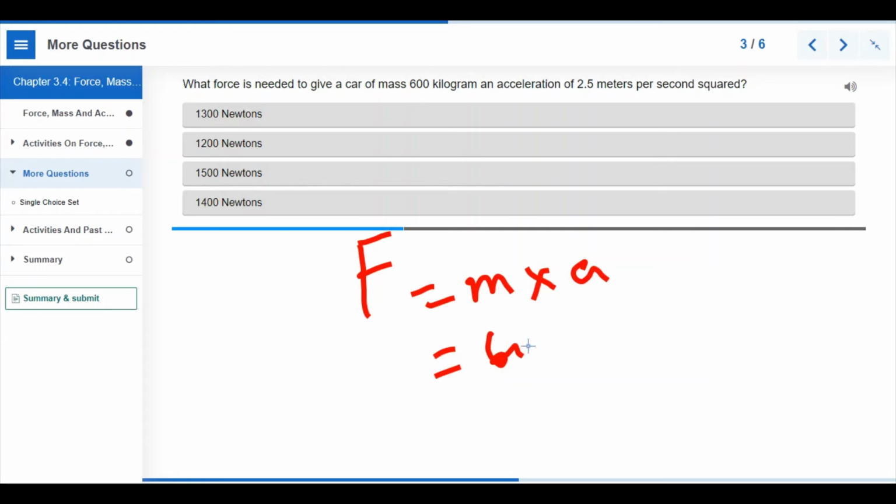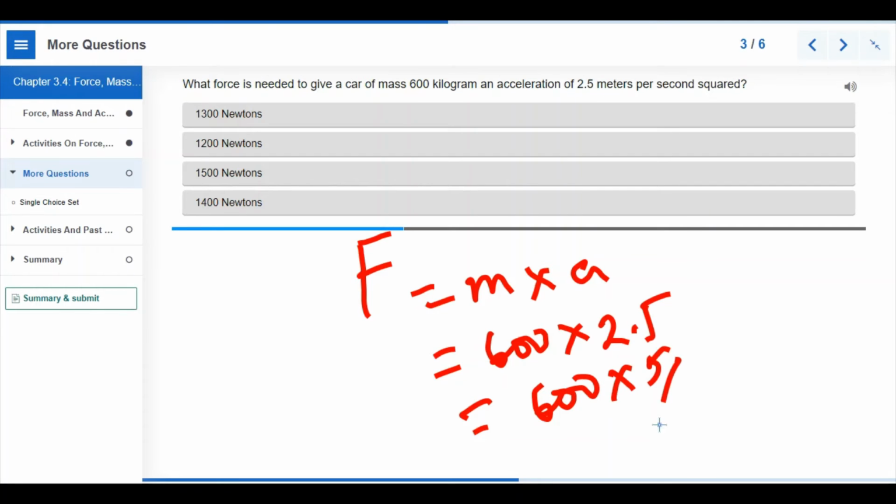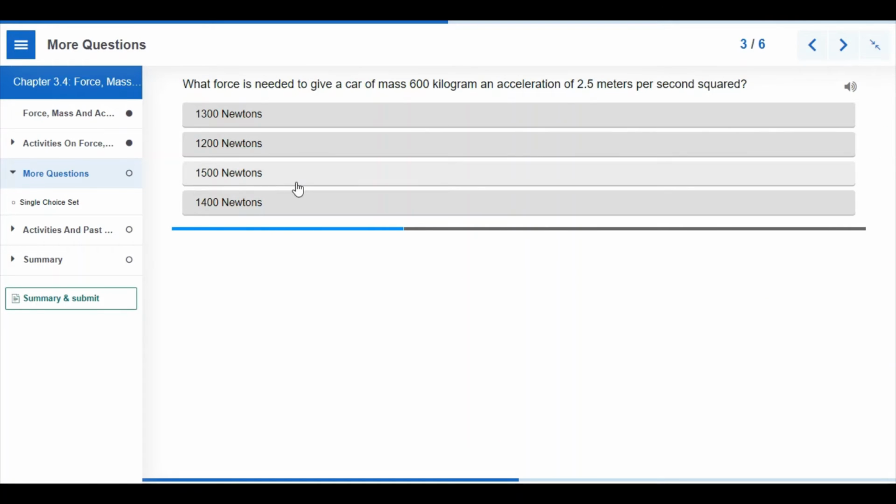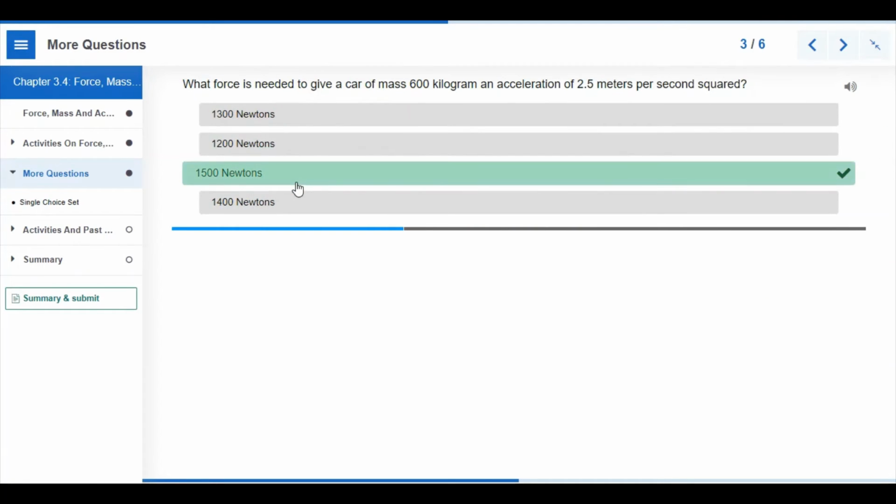So we have 600 times 2.5. And that gives 600 times 5 over 2. 2 here 1, 2 here 300. And that gives us 1,500 newtons. Do we have it as part of the option? Yes. So we pick that. Correct.